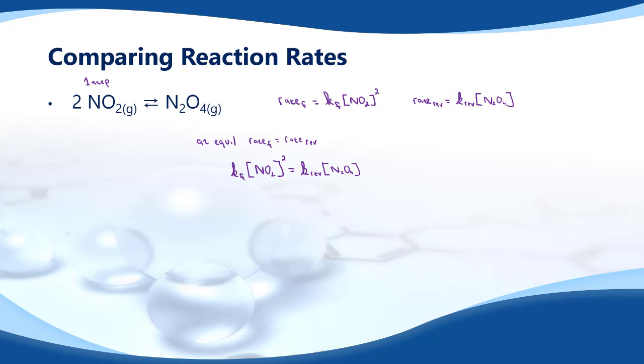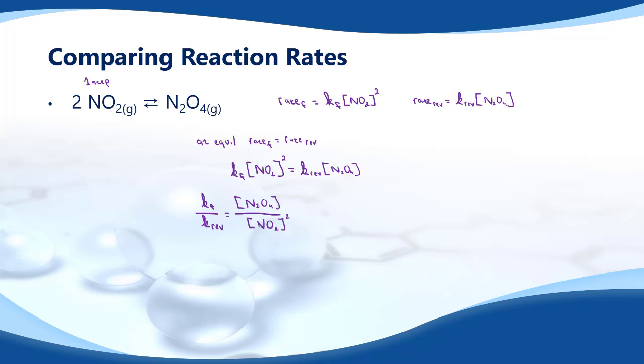Now, an equilibrium expression, very simply put, is just going to be a ratio of these two things. So we're going to talk about the ratio of the forward rate constant to the reverse rate constant. To do this, I just divide both sides by K reverse, and then divide both sides by NO2 squared, and I'm going to wind up with N2O4 over NO2 squared.